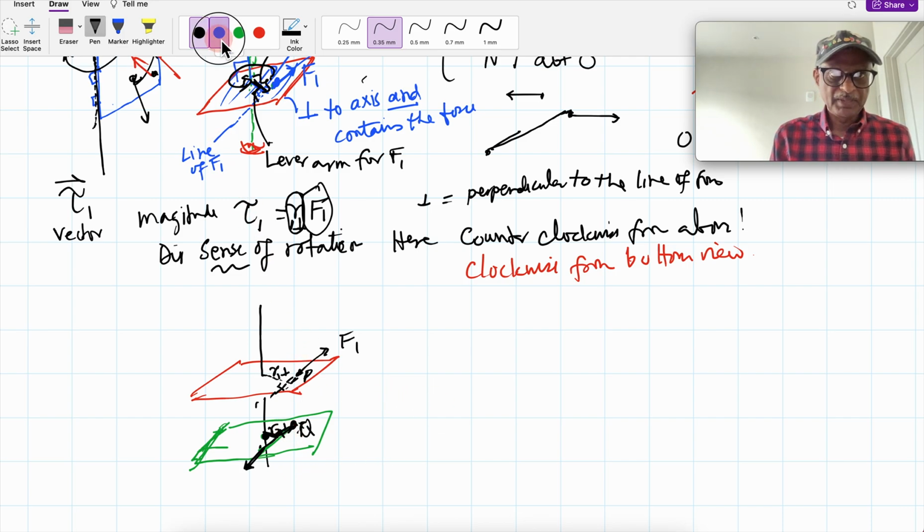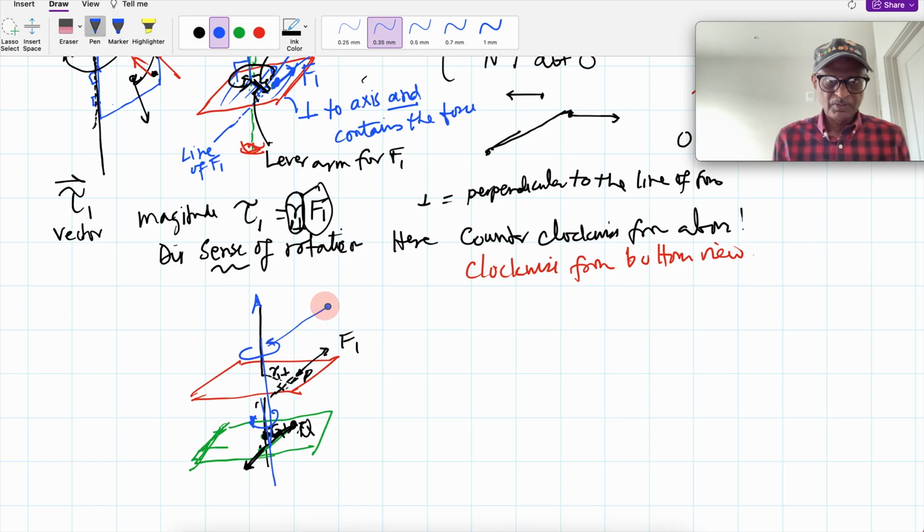But if you think about it, this is the axis, and this guy is trying to rotate that way, this guy is trying to rotate that way, and this basically is on the door. These two forces are acting on the door, so this is the torque on the door.